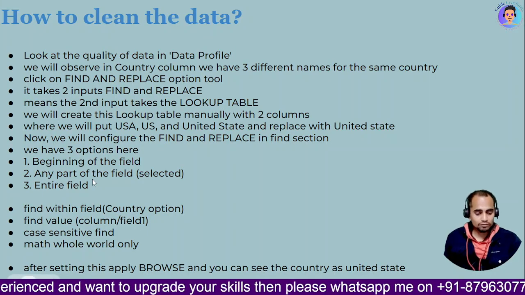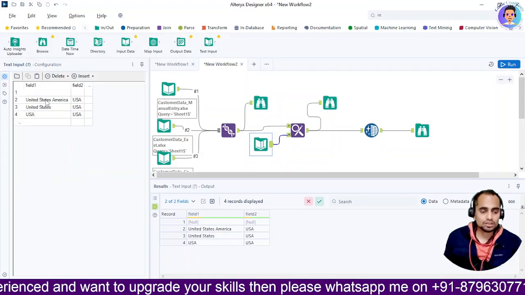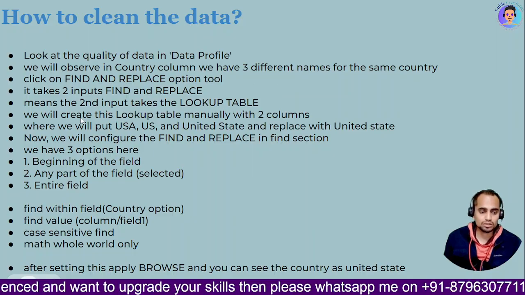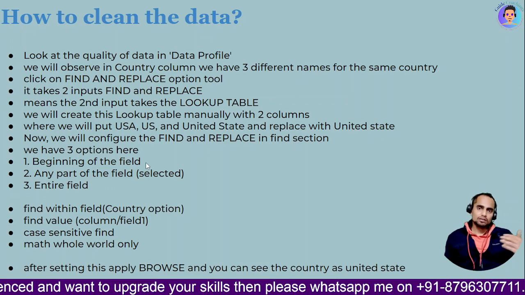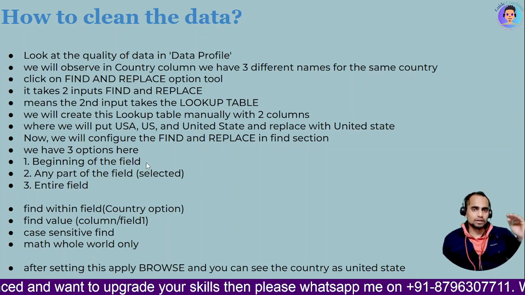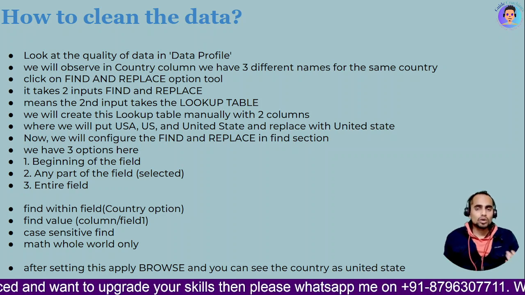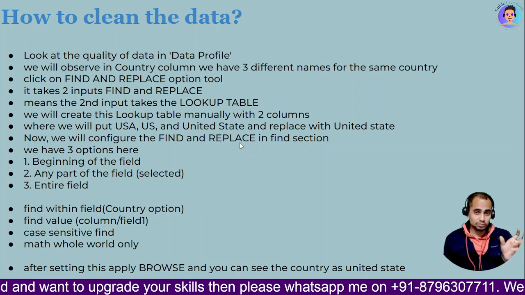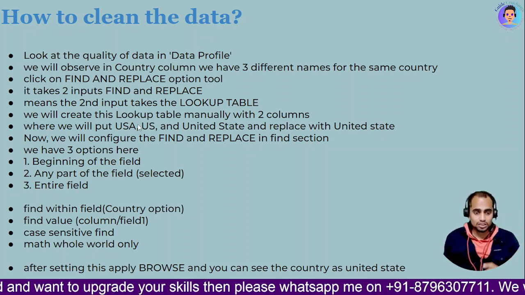I would have used only two values, because the third value is by default USA. So I just wanted to change that, but I have done it for your understanding, so that if you have more than one, you can do it like this. You need to create a lookup table, which is a temporary table for changing the data.